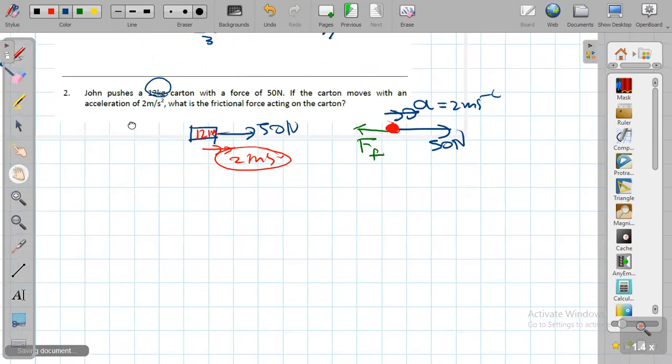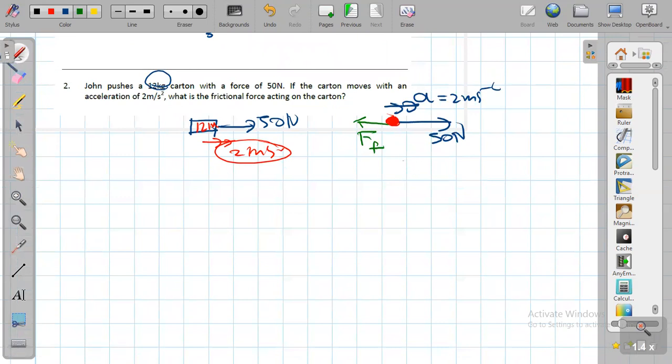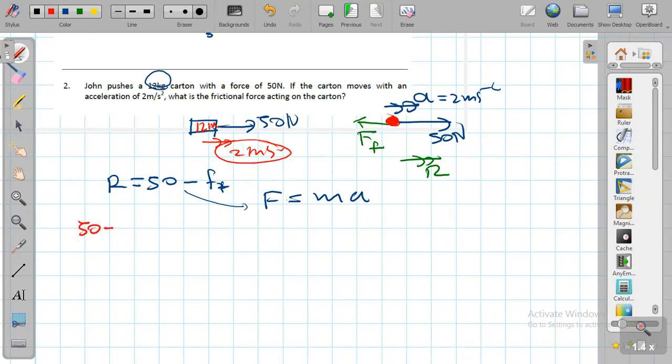You should know one thing, the resultant force is also towards here. How do I know the resultant? Resultant equals 50 minus frictional force. Now to apply what? F equals ma. F is this one, 50 minus frictional force, and the mass is 12 kg, and the acceleration is 2.